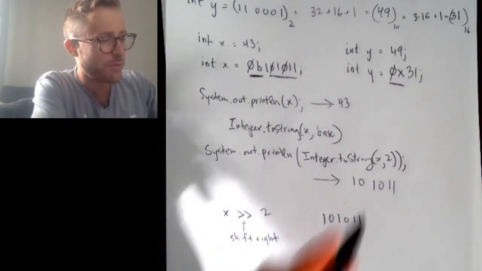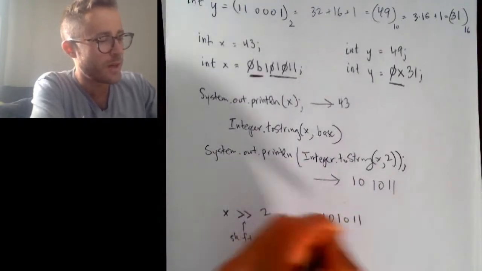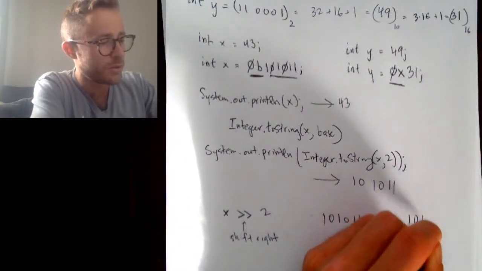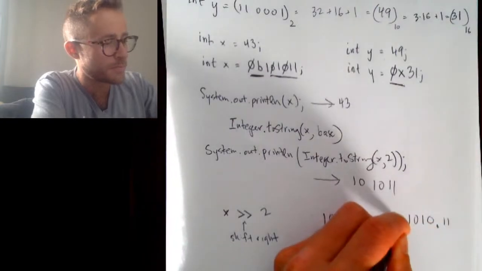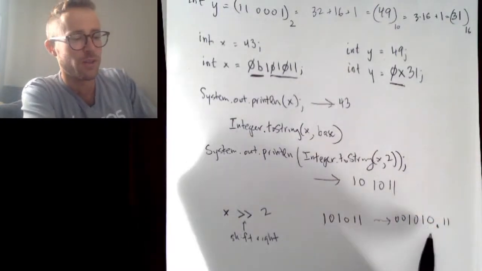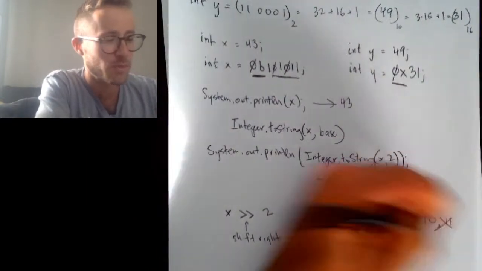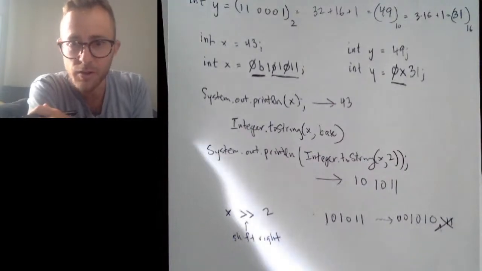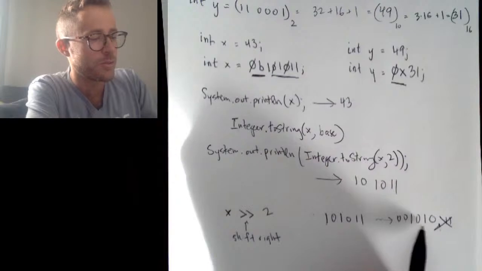Okay, so if I shift this to the right 2 places, I would get 1, 0, 1, 0, 0, 1, 1. Right? So now this is behind the decimal point, but it's just going to drop those. Okay, they get shifted away to oblivion. All right, so this is going to be the answer: 0, 0, 1, 0, 1, 0.